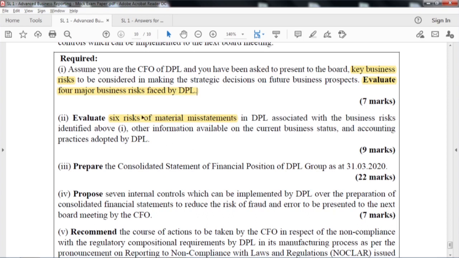So, here our question is RMM. The beauty is that some answers here can come to this, but not copy paste, you may have to write that. So, therefore, risk of material misstatement, in this case 9 plus 7, there are 15 marks on that.